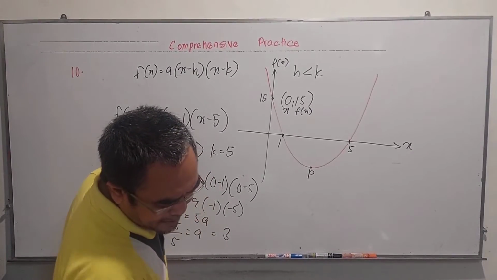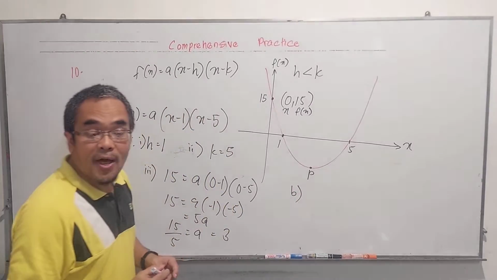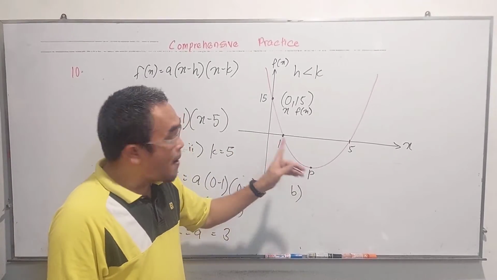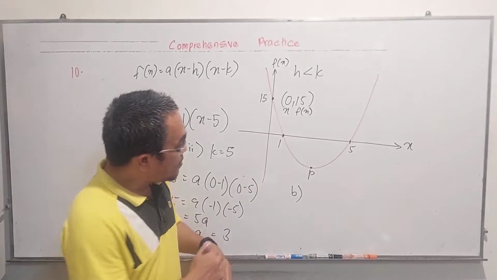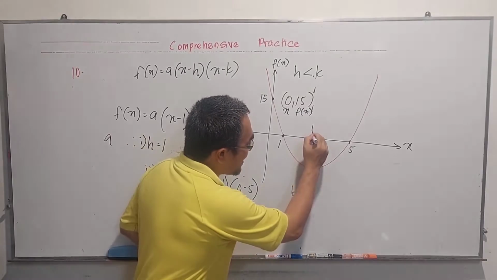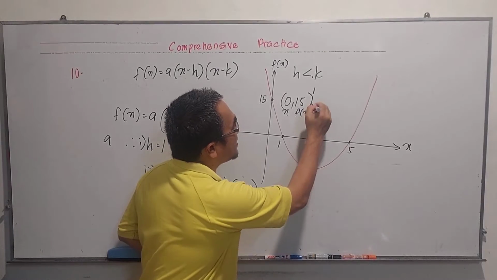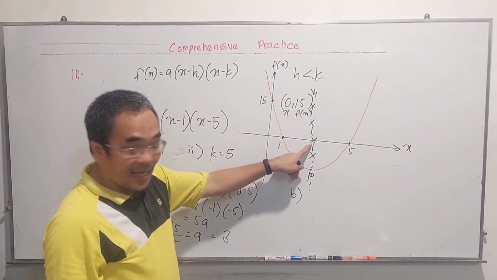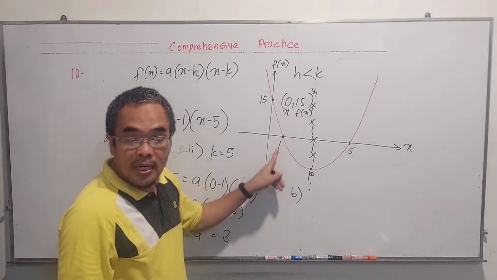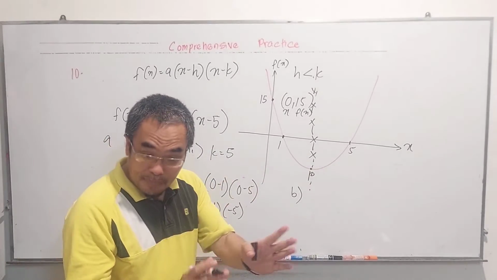Then determine the equation of the axis of symmetry. So B, how to find the axis of symmetry? The axis of symmetry is also the x of the coordinate here. The x is constant, right? Do you still remember? When x is on the x-axis, it is the middle between the two roots, the midpoint.